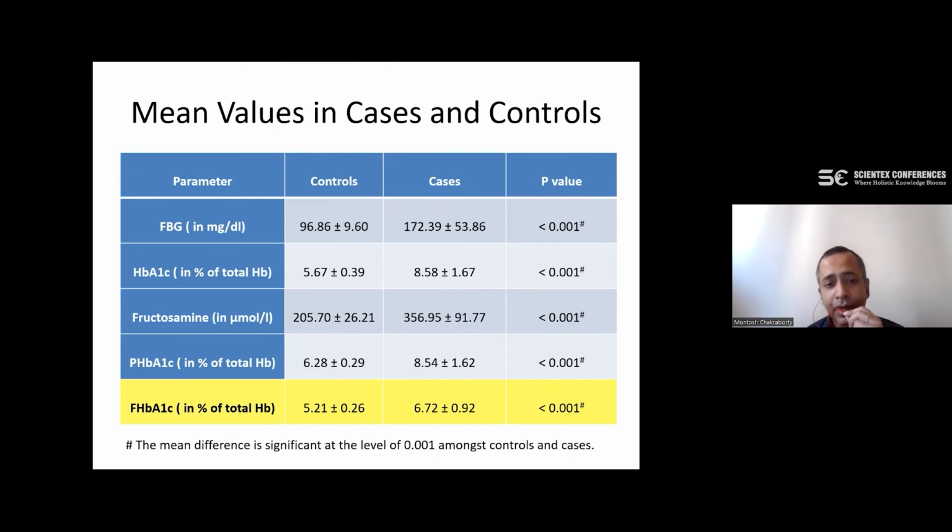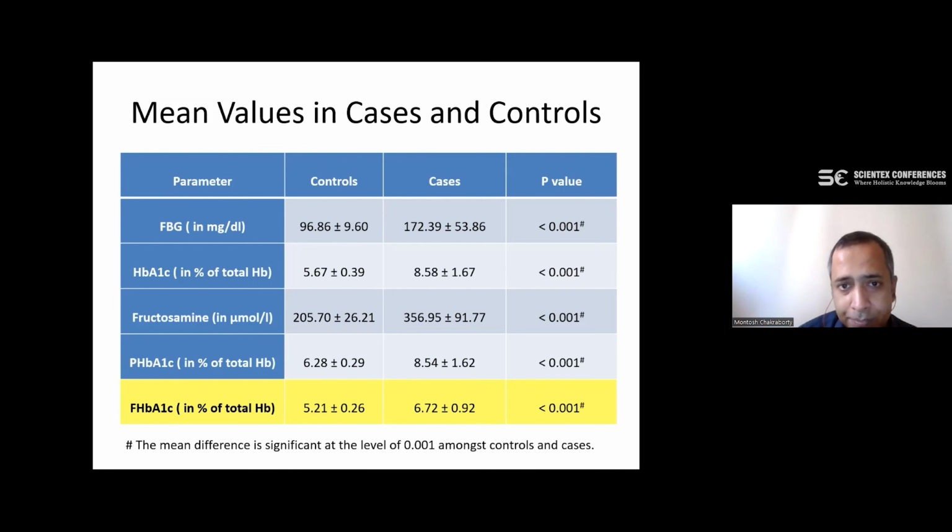The average value of fructosaminated HbA1c was 5.21 plus minus 0.26 in controls, and in cases it was 6.72 plus minus 0.92.